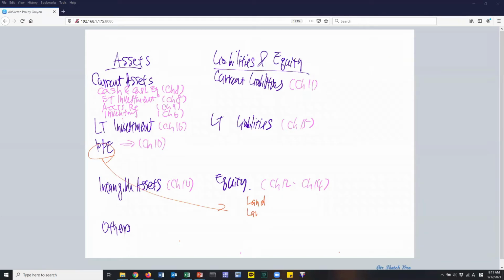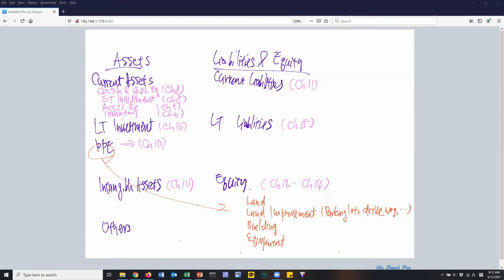Land improvements, such as parking lot, driveway, and the like. Building, equipment. These are typical items that you can find in companies' books. Of course, there can be others based on companies' own specific situations, such as vehicles.